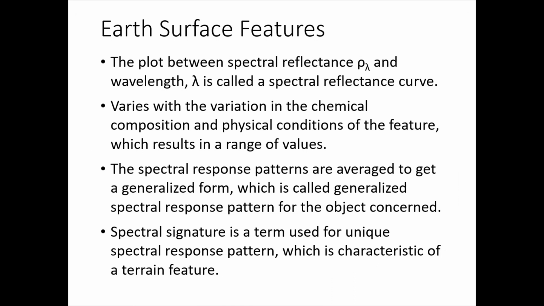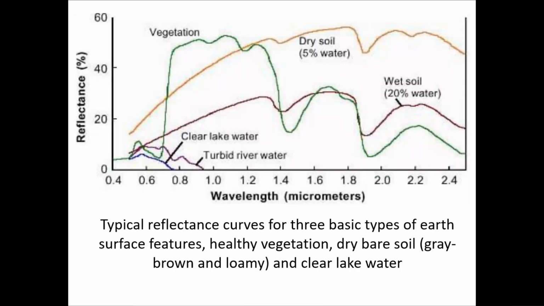It varies with the variation in the composition and conditions of the feature, so that gives you a range of values of reflectance. For example, in yesterday's vegetation we saw, depending upon the chlorophyll content, your reflectance can vary, right? If the chlorophyll is high, then it will absorb the shorter and longer wavelengths in the visible spectrum, so that it looks green.